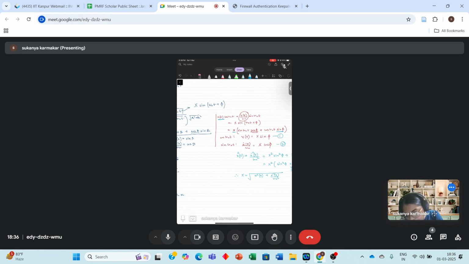Okay, ma'am. One more thing: for the other audience, one more question is, in a differential equation, how do we assume the solution? This is a technique of solving differential equations.